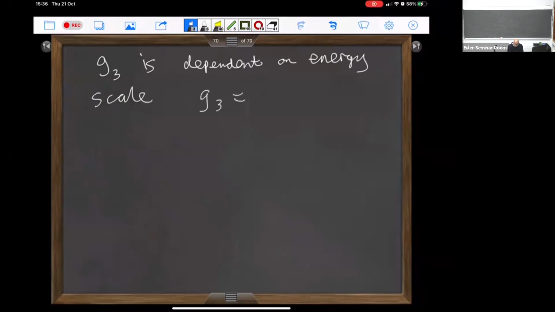So actually g3 is a function of some energy scale M. Normally we write it in terms of the corresponding fine structure constant, defined as the square of the coupling divided by 4 pi, because this is the analog of alpha for electromagnetism. And all of these things are energy dependent.